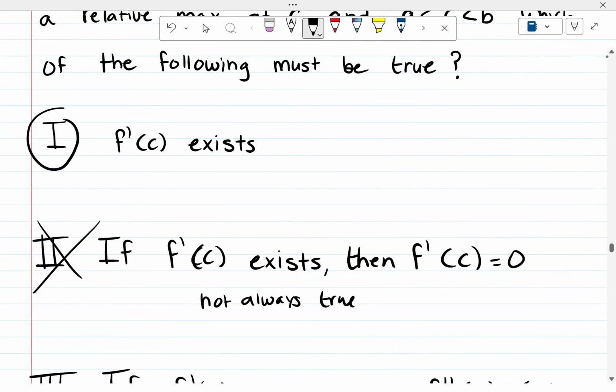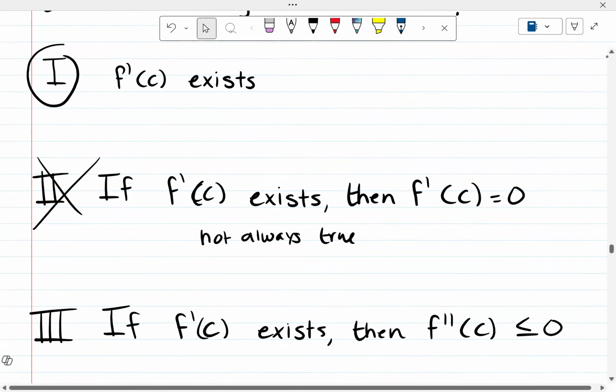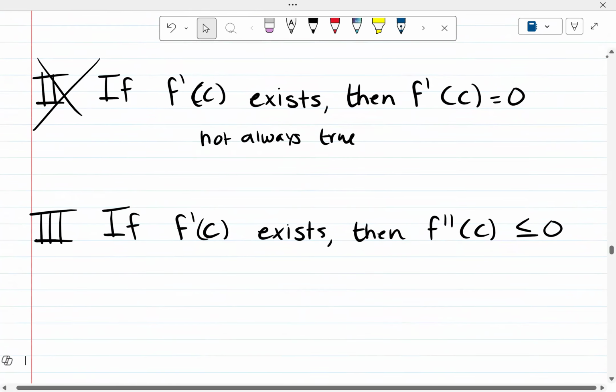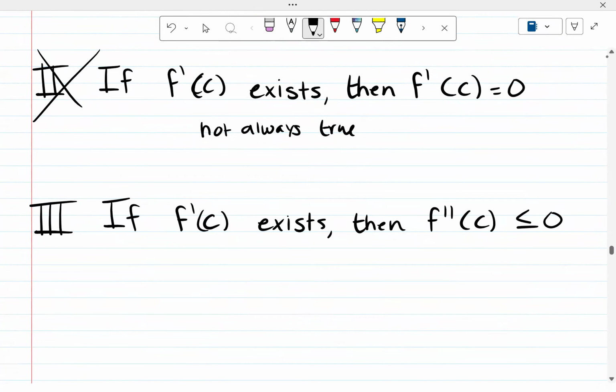And then is it Roman numeral 3? If f prime of c exists, then f double prime of c is less than or equal to zero. So let's see. Let's say you have a graph like this.